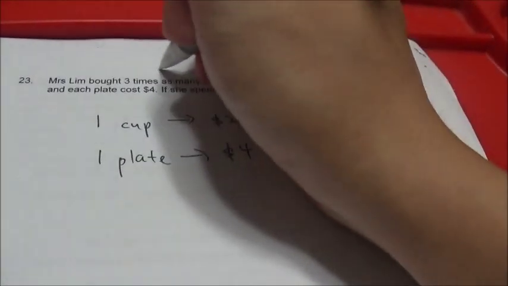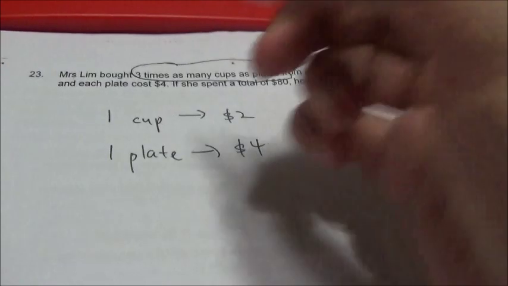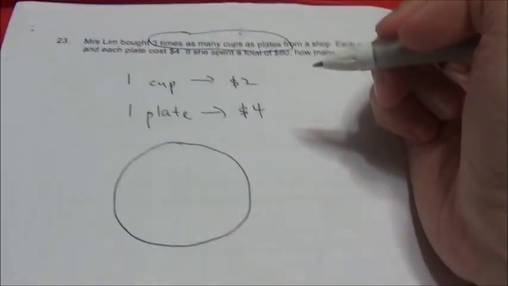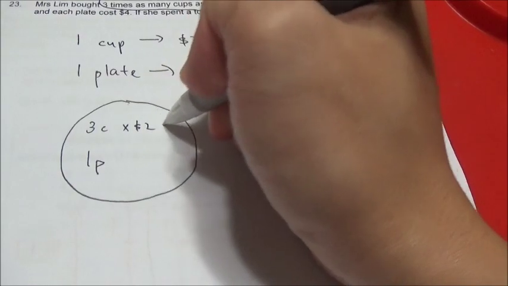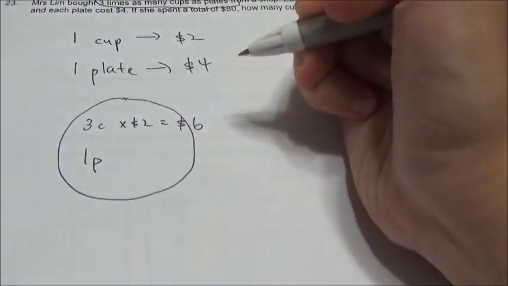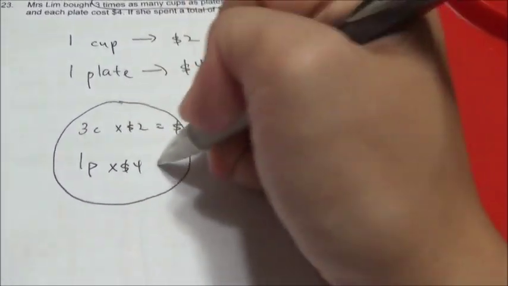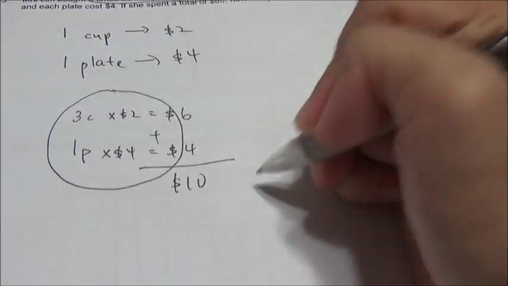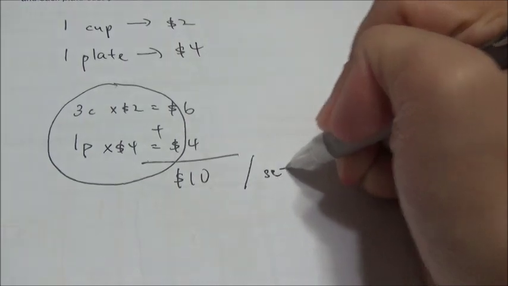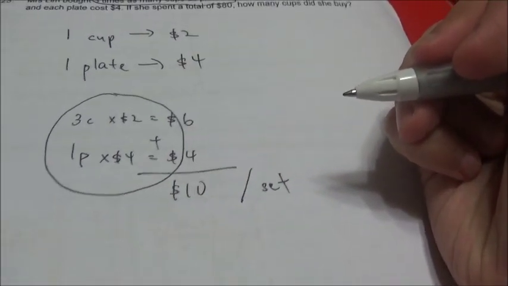Mrs. Lim bought 3 times as many cups as plates, which means in a group, I have 3 cups, 1 plate, because 3 times as many cups as plates. Each cup is $2, so that's $6. A plate is $4. Alright, so altogether this is $10. So $10 per set.